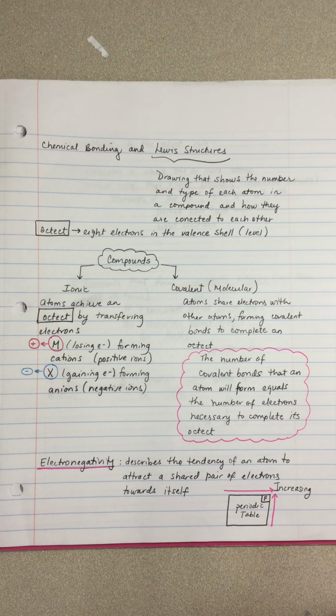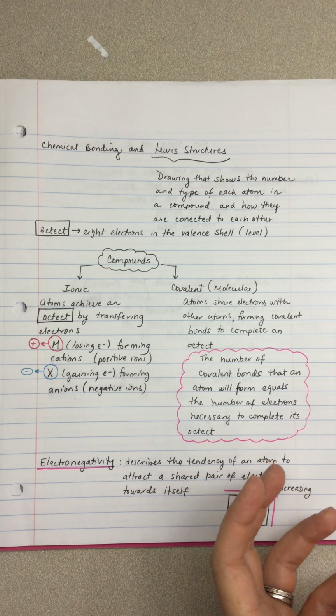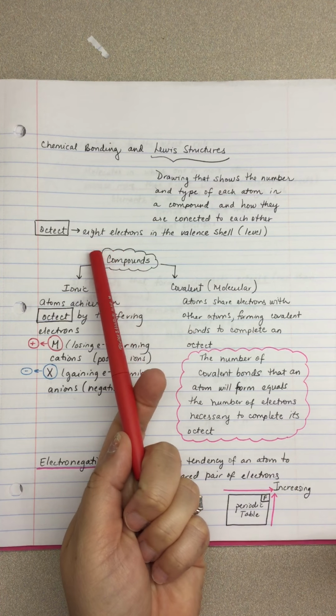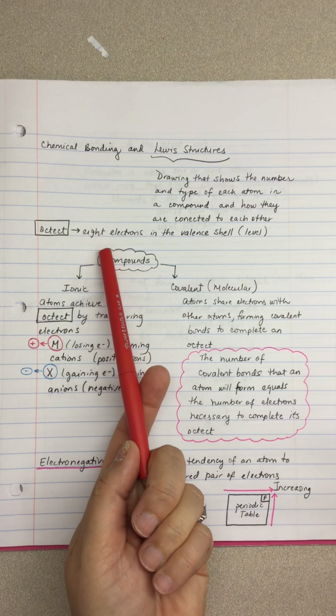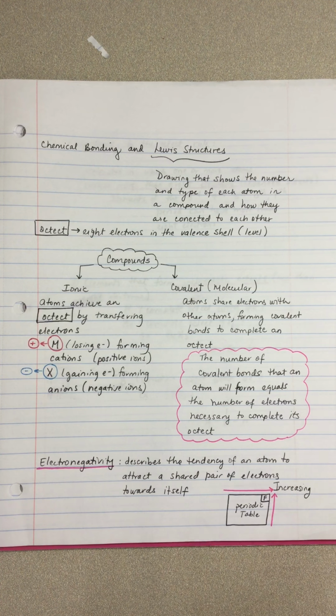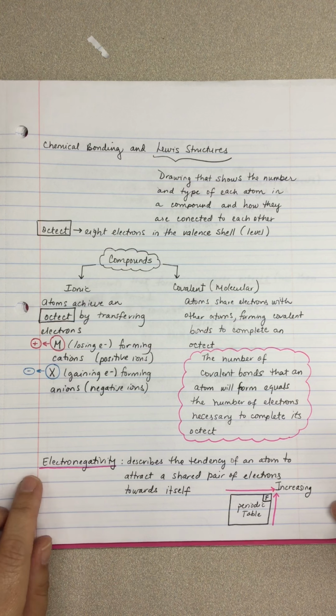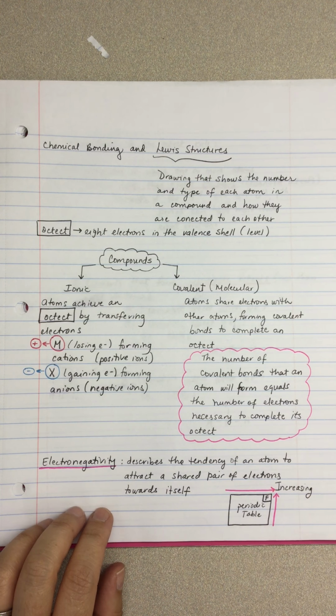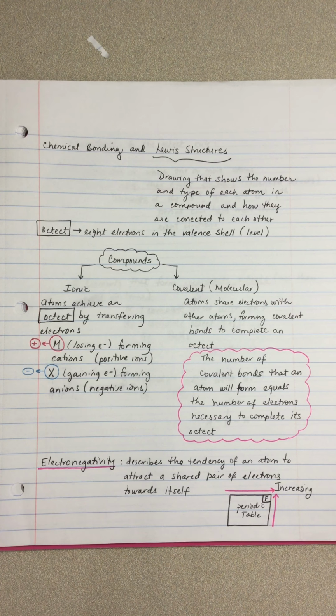So every element in the periodic table will form compounds, ionic or covalent, to have an octet, which means that they want to have 8 electrons in that highest energy level. And then electronegativity is a property that we can predict using the periodic table, similar to what we do with atomic size.